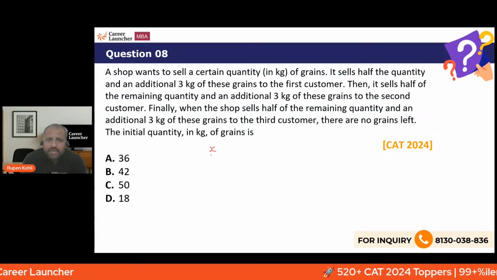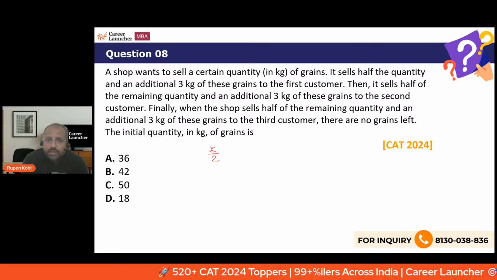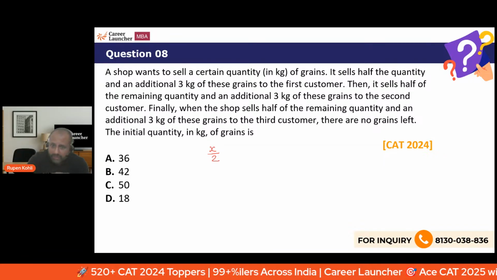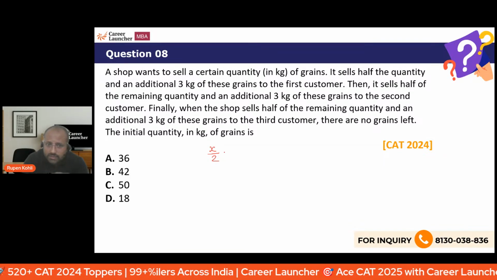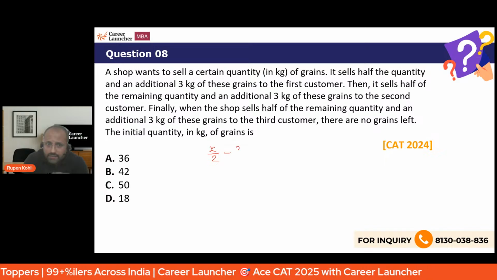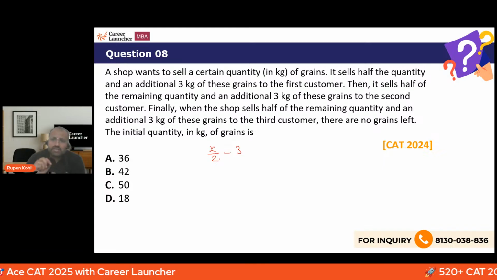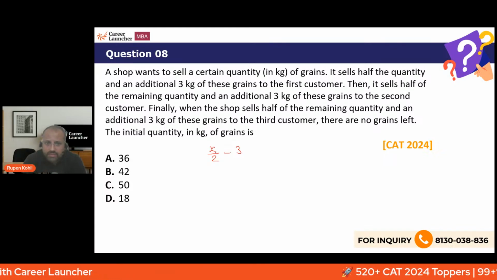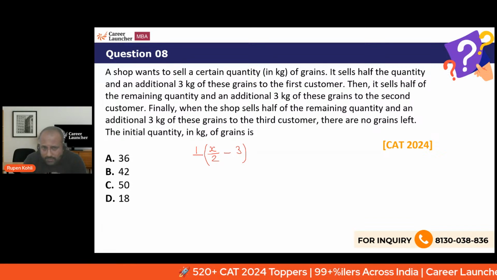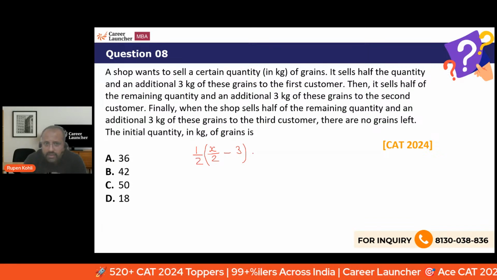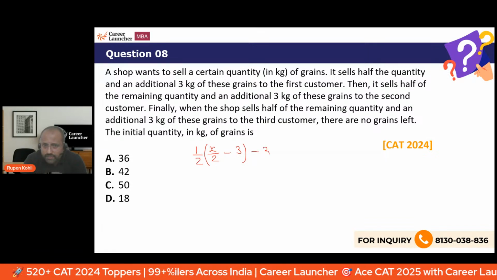So if we start with x kilograms, first we give half, so we are left with half. We give 3 kg more, so we are left with 3 kg less, so minus 3. So after giving to the first customer, this is the remaining quantity, x/2 minus 3. Then with this, we further give half of this, so this in brackets, and we are left with half of it, and then we give 3 more, so we are left with 3 less.